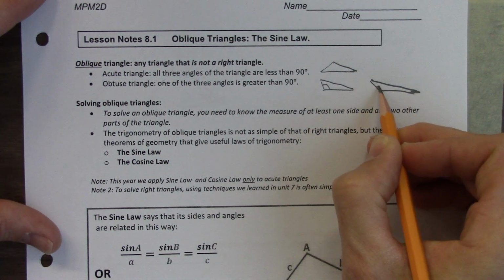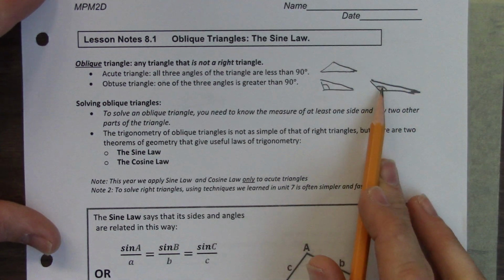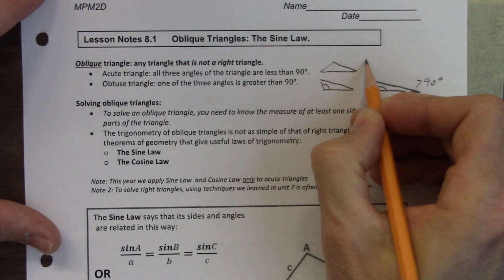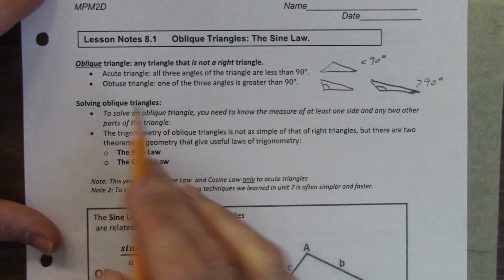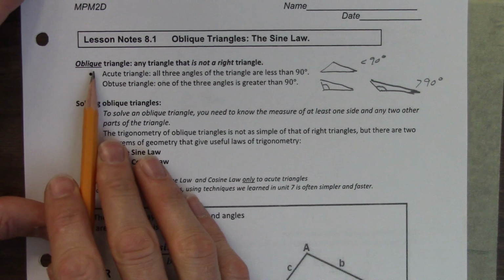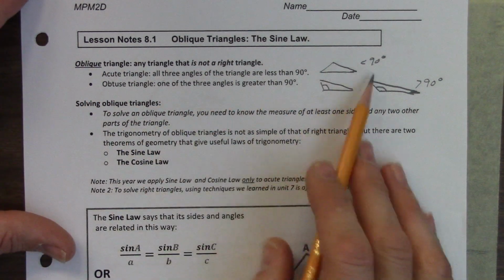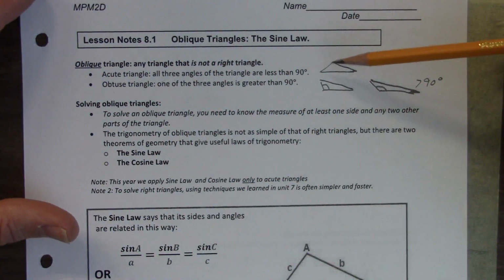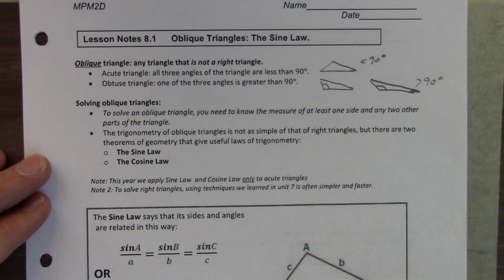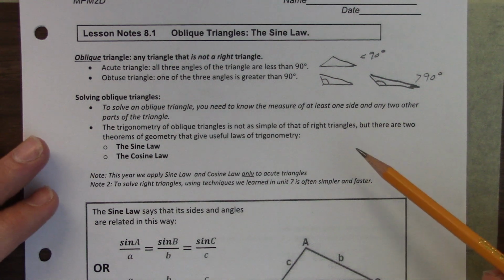This angle here is greater than 90, and the others are less than 90 degrees. So that's the difference between acute and obtuse. They're both oblique triangles. Neither has a 90 degree angle. Acute has all angles less than 90. Obtuse has one that is greater than 90.